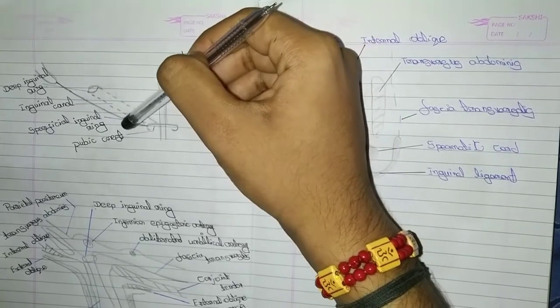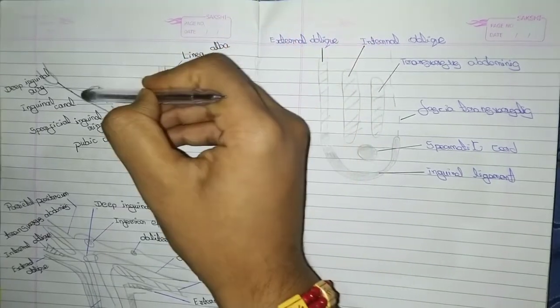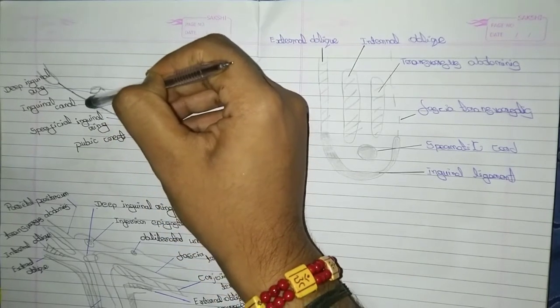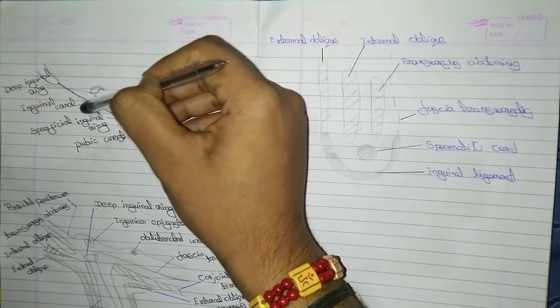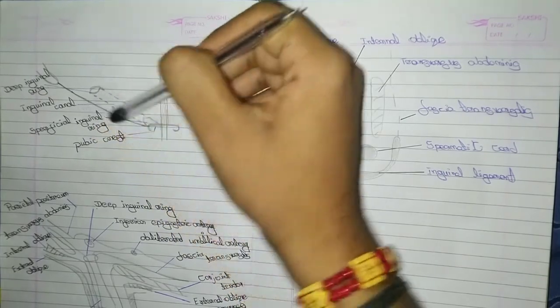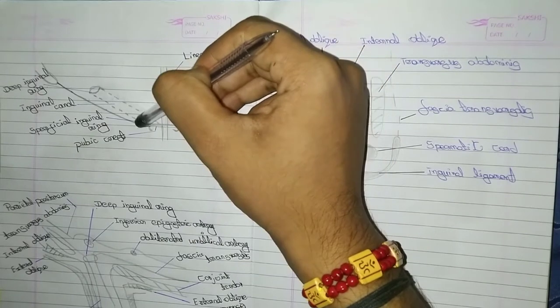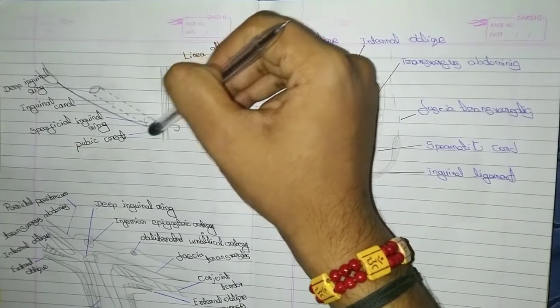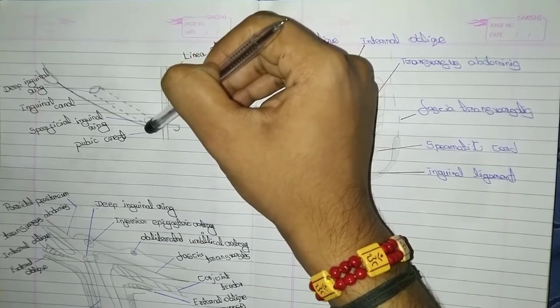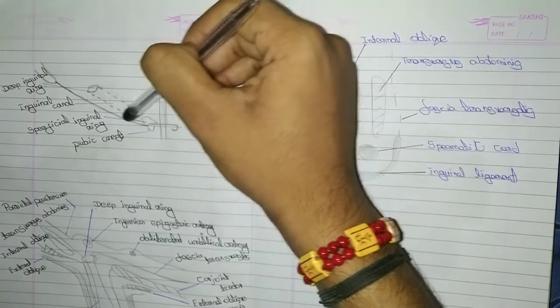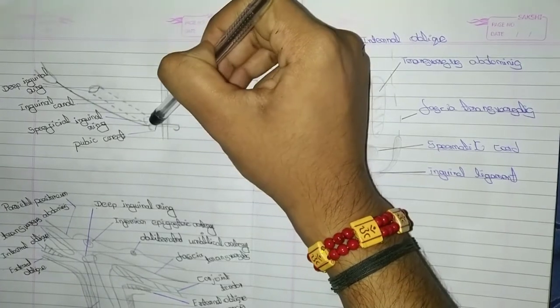The deep inguinal ring is marked 1.2 cm above mid inguinal point. The superficial inguinal ring is marked just above the pubic tubercle by the triangular end, at the medial end of these parallel lines.